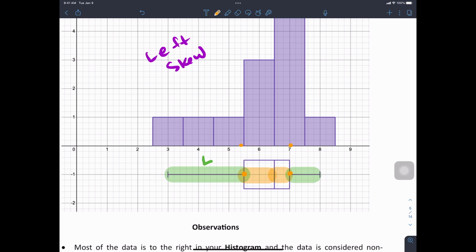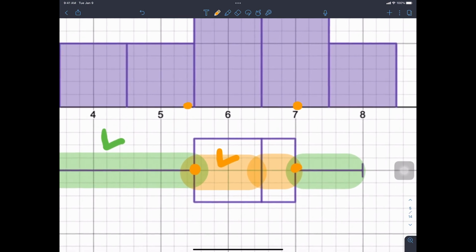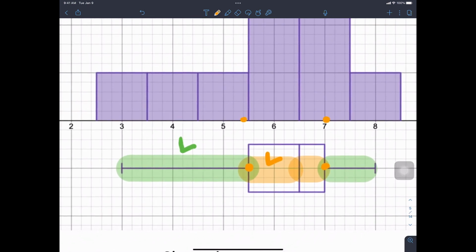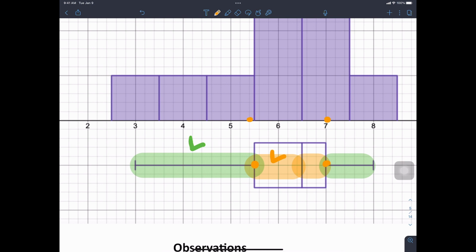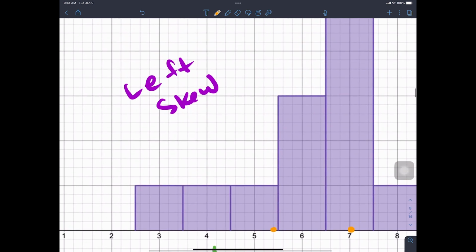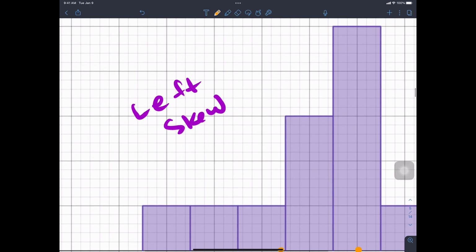Up here. Which distance is longer? The left. Is that true? You guys see that? So here's my point. When you see this phenomenon, that the left whisker is longer, and the distance between Q1 and Q2 is longer than the other side, you say that this distribution is left skew.